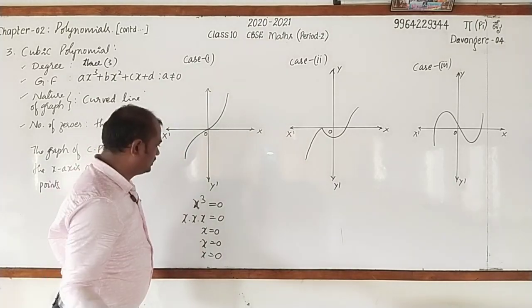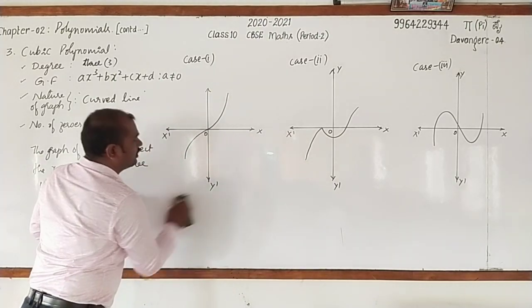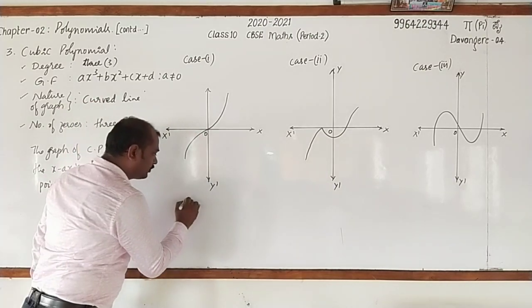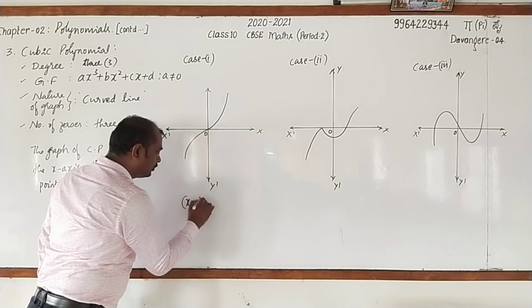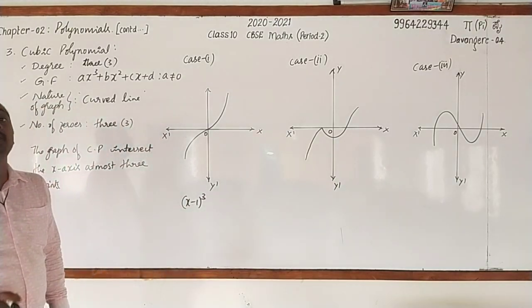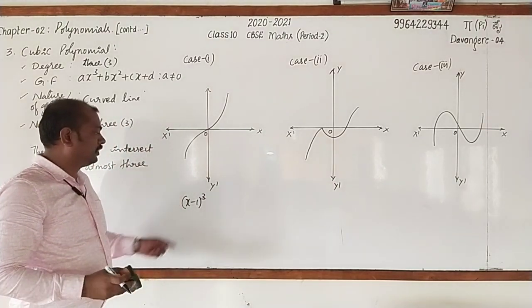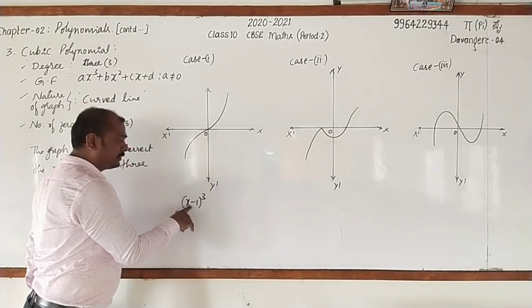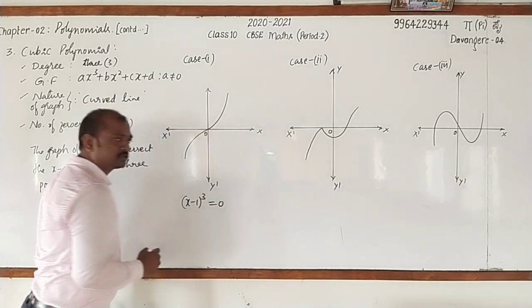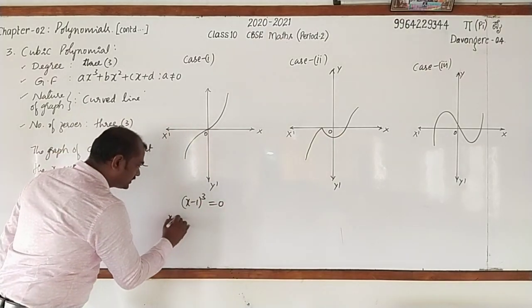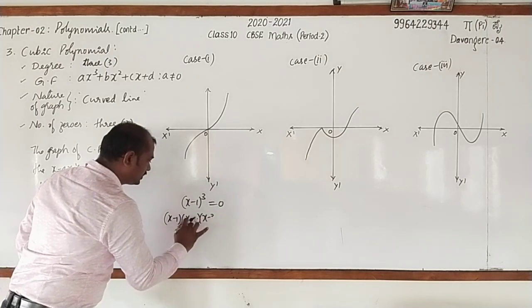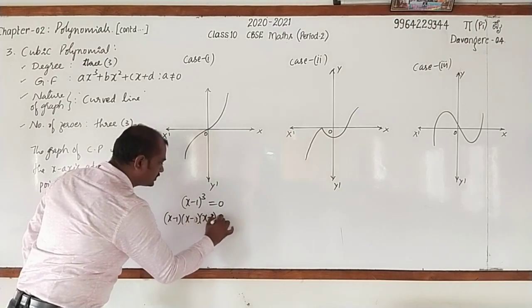Clear? Next, there is only 1 zero. Even I'll go for taking x minus 1 whole cube. Then could you tell how many zeros? To find the zeros of x minus 1 whole cube, again you can equate this to 0, and this can be written as x minus 1 into x minus 1 into x minus 1, which is equal to 0.